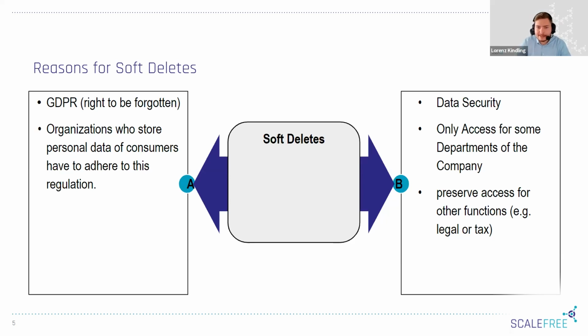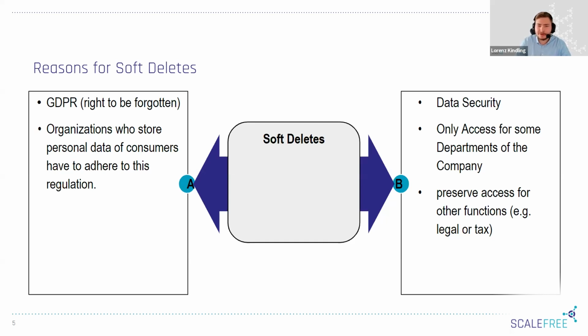The other case where you could think about using soft deletes is in data security. This is also the reason why you probably want to use soft deletes in GDPR cases: when you want to delete or not show the data to everyone, but only to specific departments.